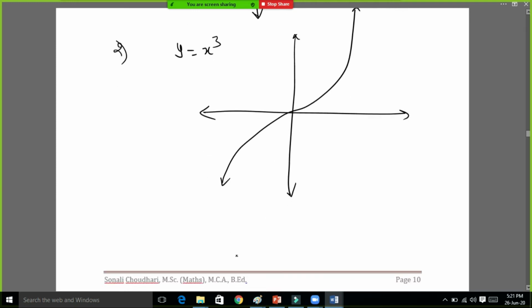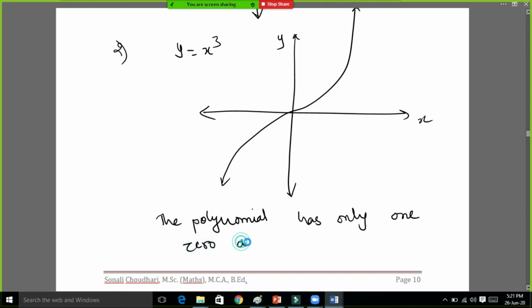And we learned in class 9 that 0 can also be a zero of a polynomial. So this graph tells us the polynomial has only 1 zero and that zero is 0.